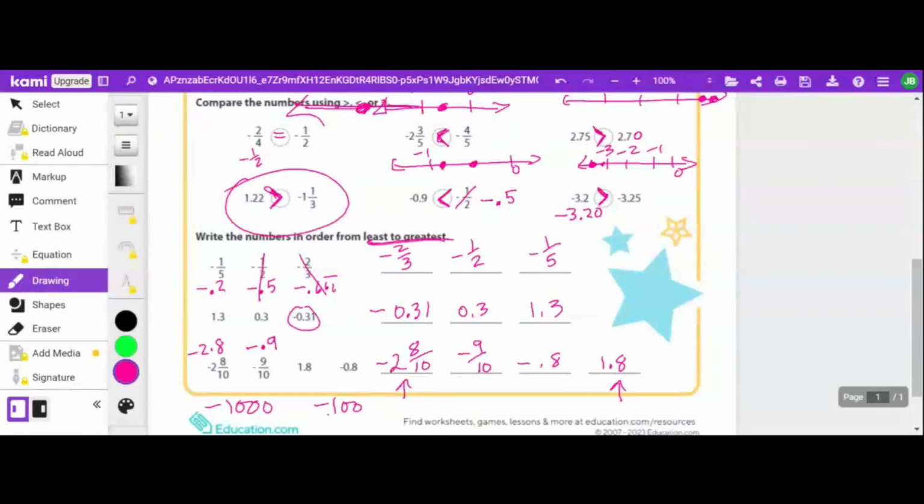So it's really taking everything that we've done and adding to it the negative numbers. Okay, so let me take a look at this.